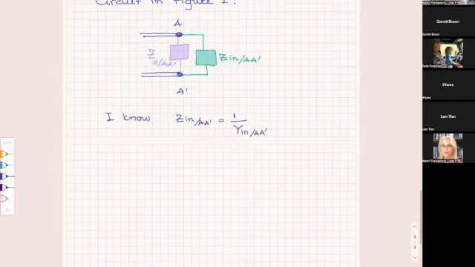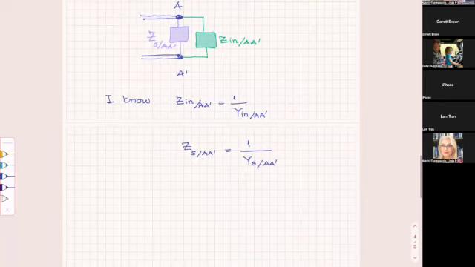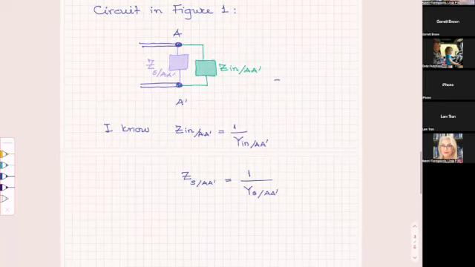And also Z stub at A prime is 1 over the admittance of the stub at A prime. When I do that and I have two admittances, then figure 2 changes into something that involves admittances.